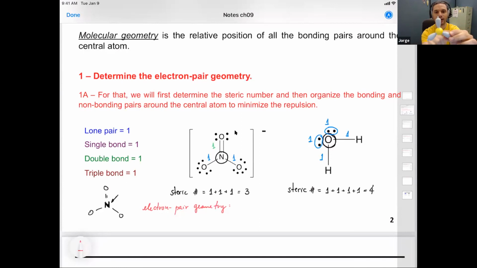And we are organizing these three groups as far as we can to minimize the repulsion. Therefore, steric number equal to 3, the electron pair geometry is going to be trigonal planar.